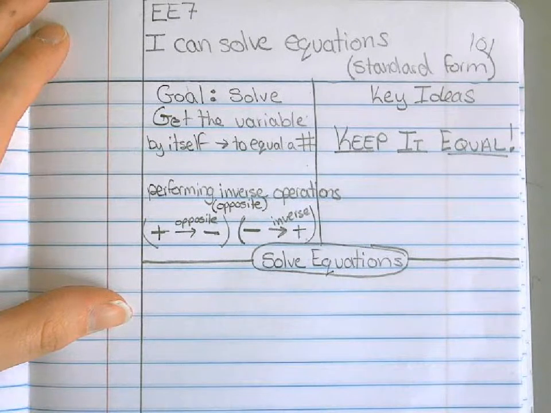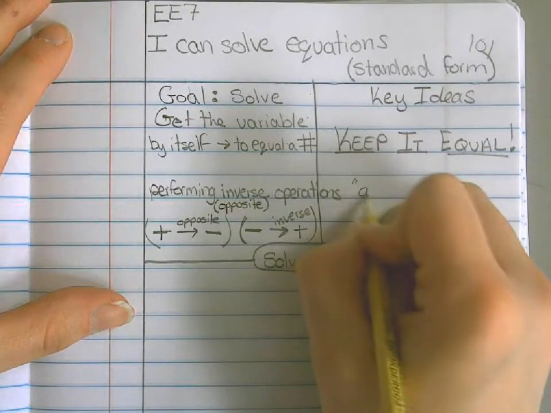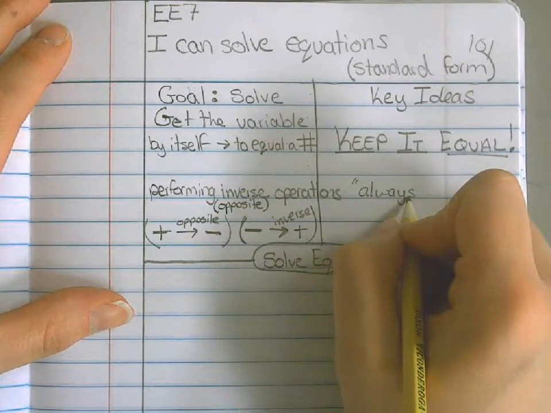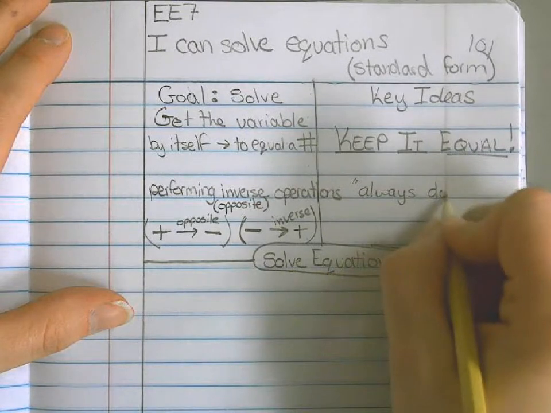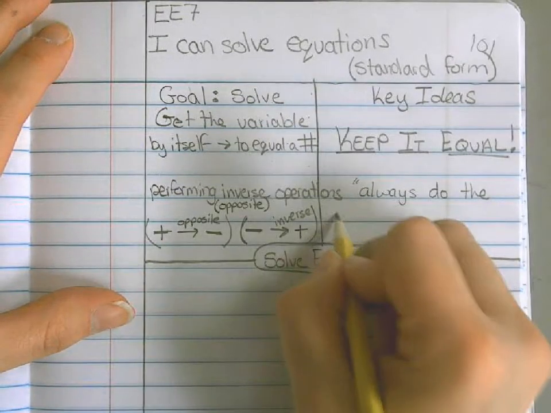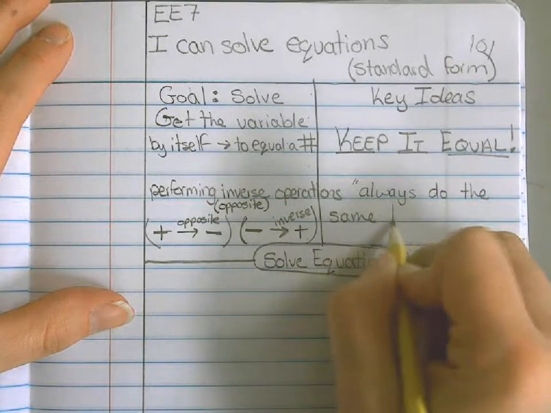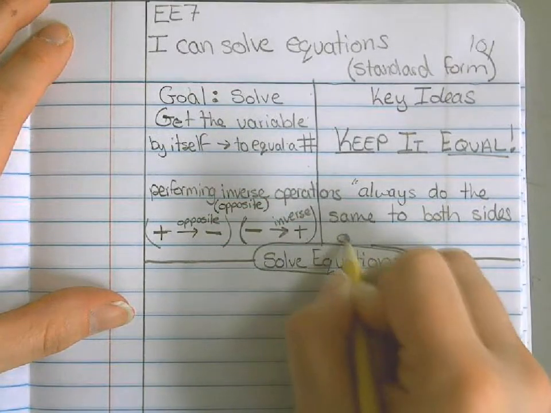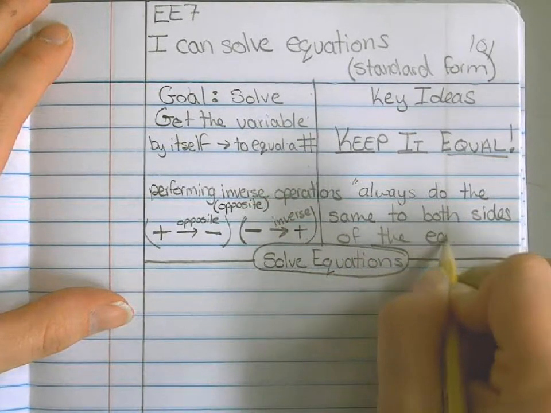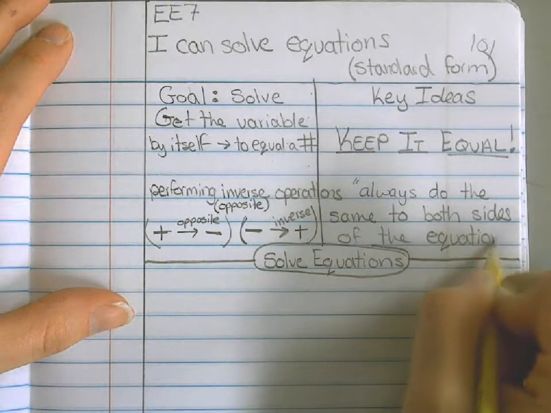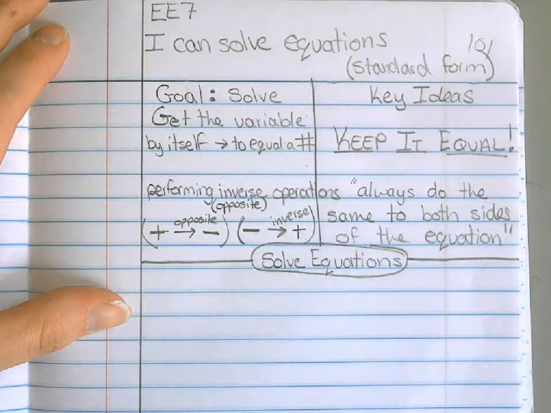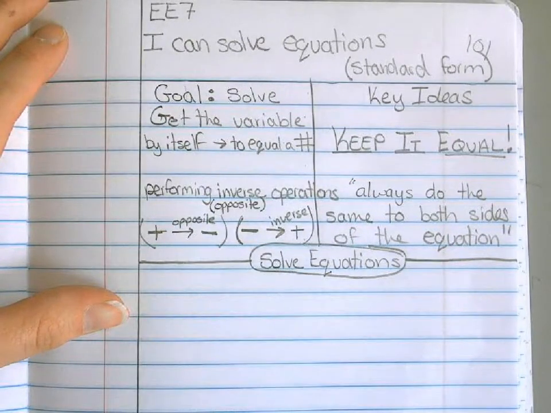Meaning always do the same to both sides of the equation. Always do the same to both sides of the equation.